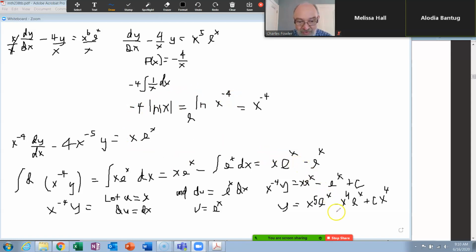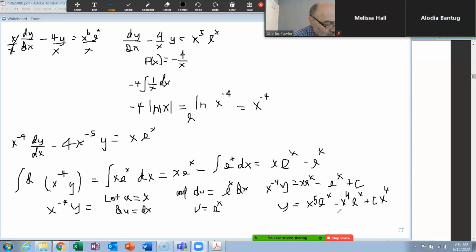So we only use this for x greater than 0 or all x less than 0. Either one would probably be okay. I think in this case, they did from 0 to infinity.